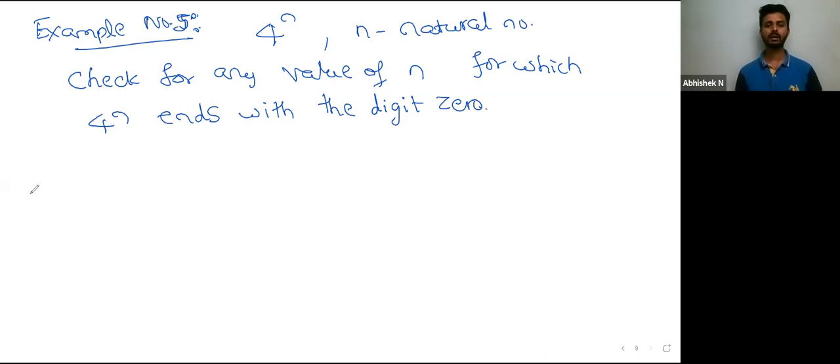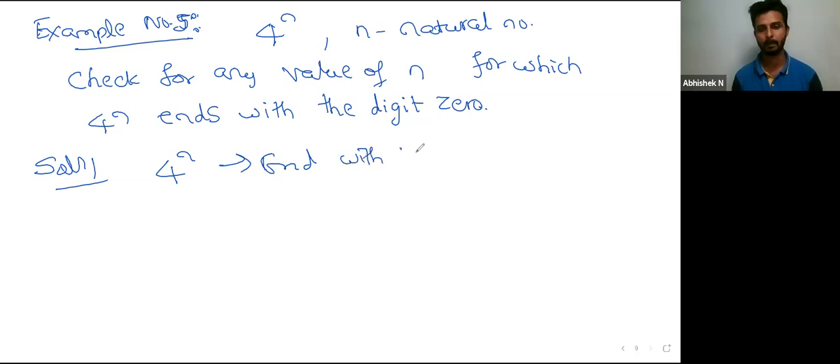How can we prove this statement? If the number 4^n for any value of n were to end with digit 0, it should be divisible by 5, right?